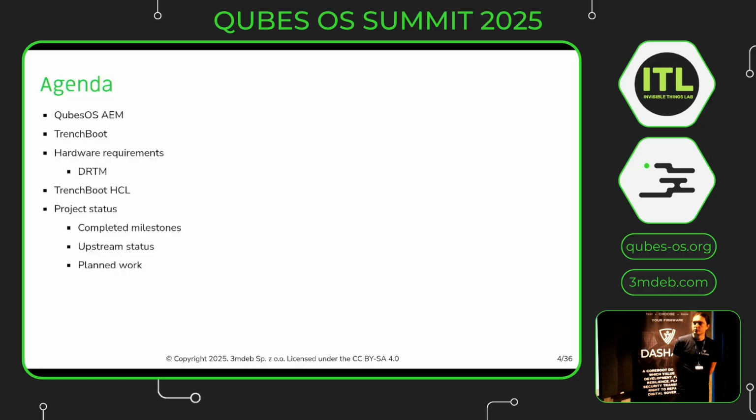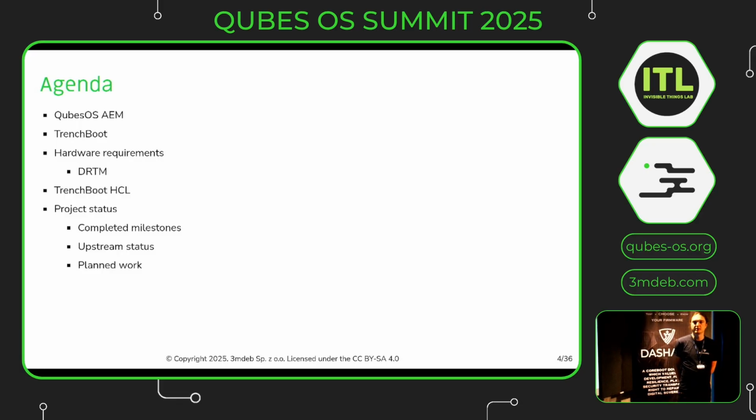After the very short introduction, we'll focus today on the hardware requirements. We want to have another look at what is required from the hardware to even try running this TrenchBoot solution. Then we are working on a way of simplifying testing, and actually testing TrenchBoot on hardware.